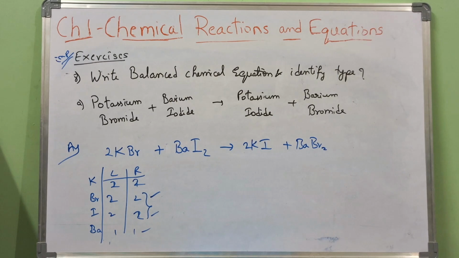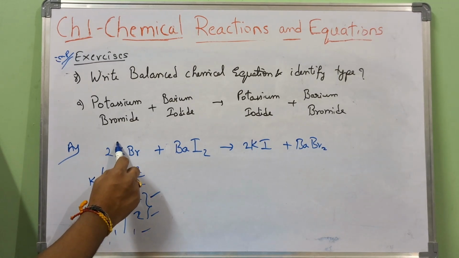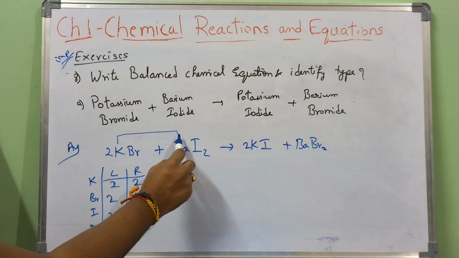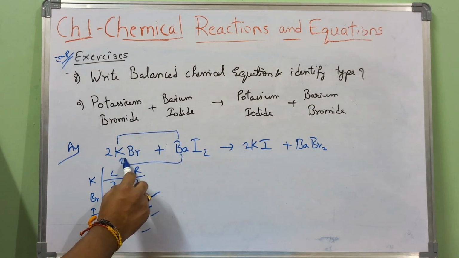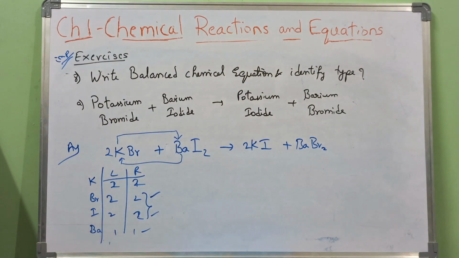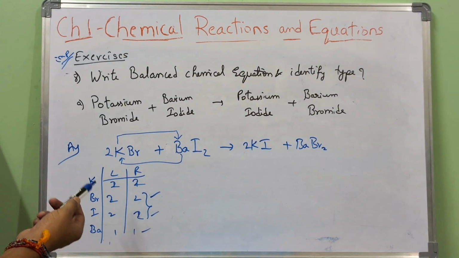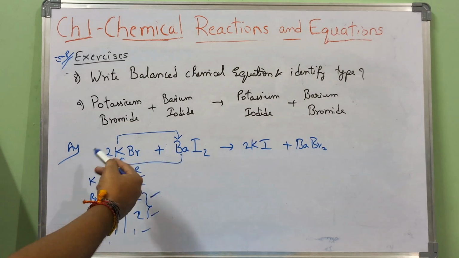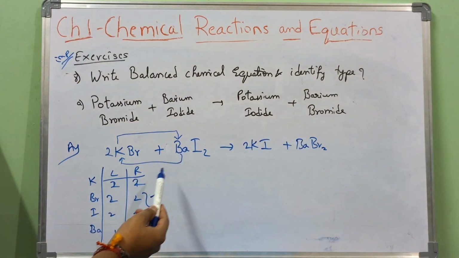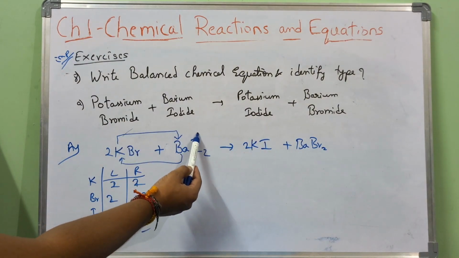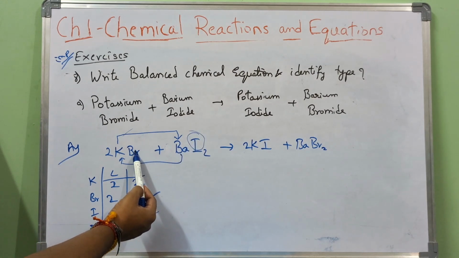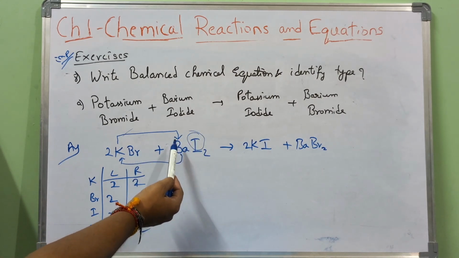What is the type of the chemical equation? This belongs to double displacement, because you can see that K and barium, that is both the metals or the ions, are getting interchanged. So if in any reaction the reactant ions, that is metals or ions which are present, get interchanged, potassium combines with iodine, whereas barium is combined with bromine.